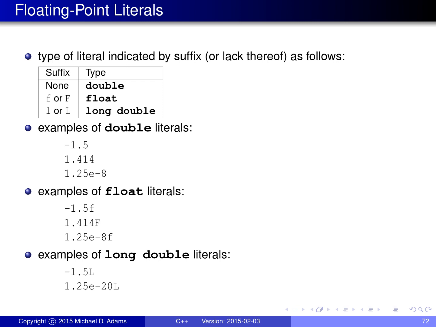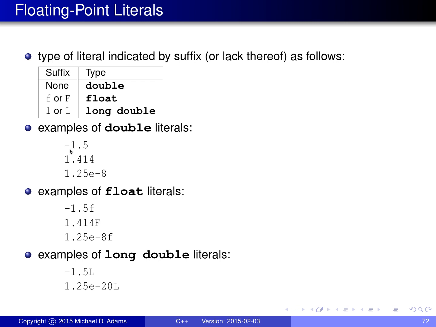The case of floating point literals is somewhat simpler than the case of integer literals. In the case of floating point literals, the type of the literal is indicated by whatever suffix is used on the literal, or there might not be any suffix at all. So for example, if there's no suffix at all on the literal, then the floating point literal has type double.